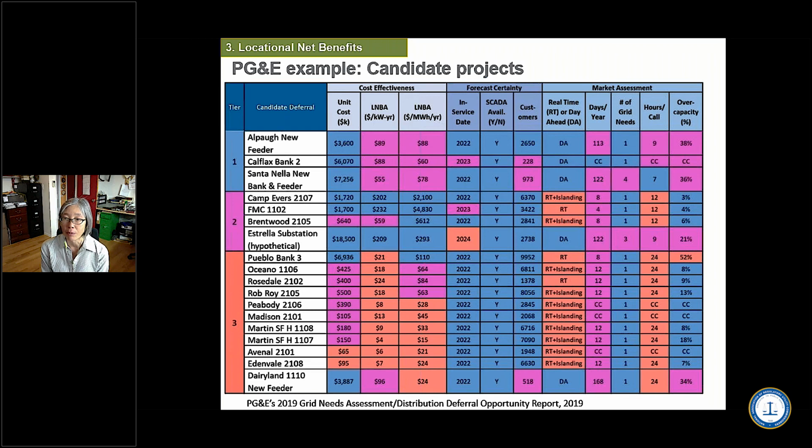Again, if it would have cost a lot to do a traditional upgrade, it gets a higher ranking. If you're pretty certain of your forecast, your need is near term, and you've got SCADA, it gets ranked higher. And if you think there's a good market of current DER technologies to address the need, then it gets ranked higher.